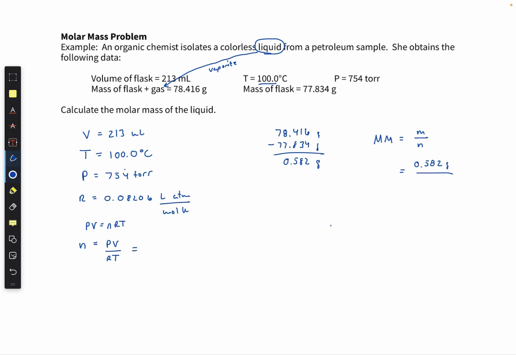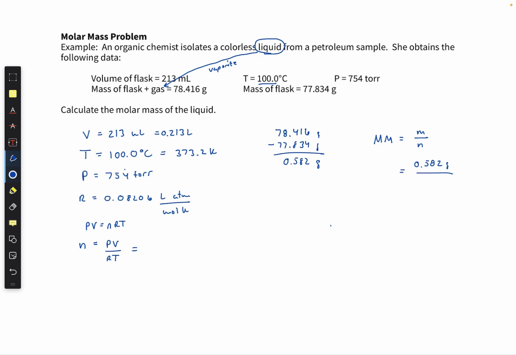And so now we can plug in, but we do have to double check our units. The volume here is given as milliliters. In R, our unit is liters. So we're going to need to divide by 1,000 here and make this 0.213 liters. The temperature is in degrees Celsius. We're going to need to add 273.2, and that'll give us 373.2 Kelvin.